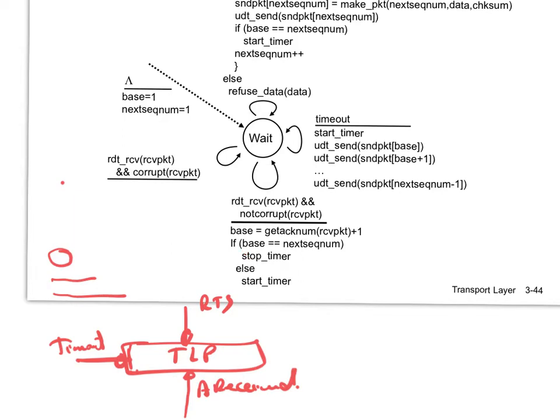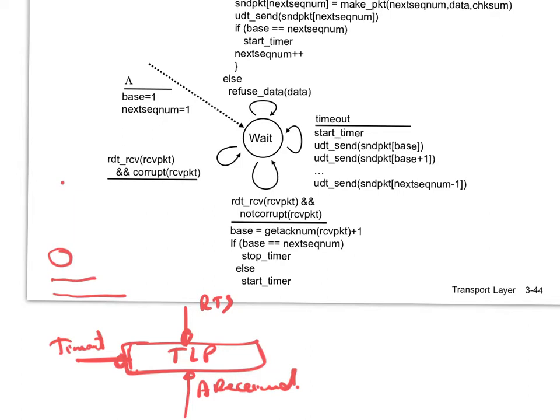One is that I may slide the window and then I see the next sequence number is the base. Okay? So if that happens, then I will stop the timer. Why? Because this means that everything in the window has not been sent.